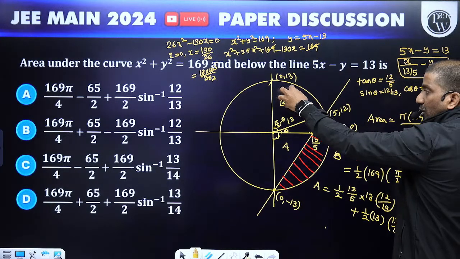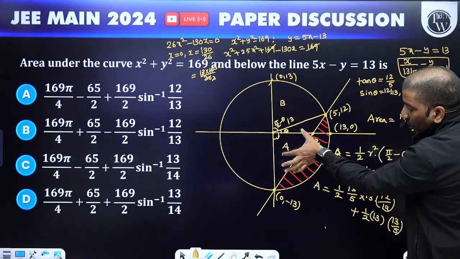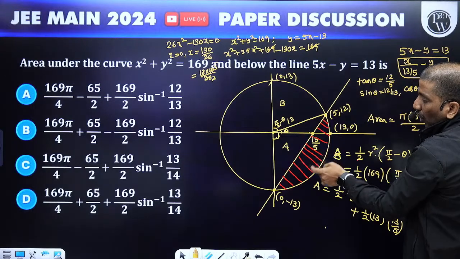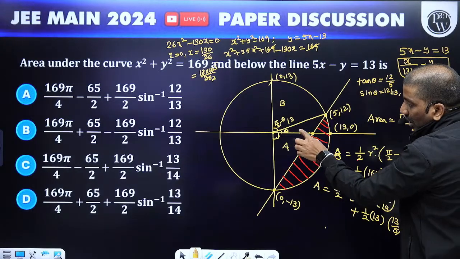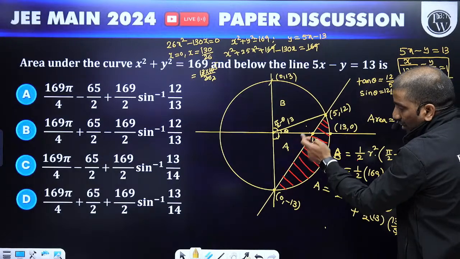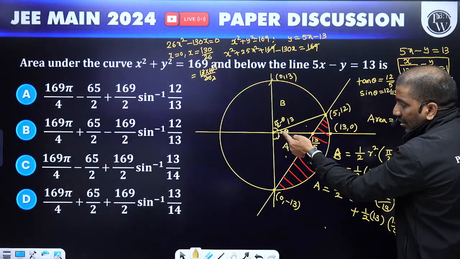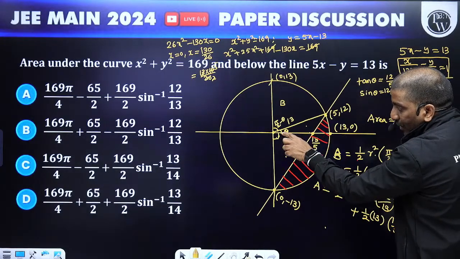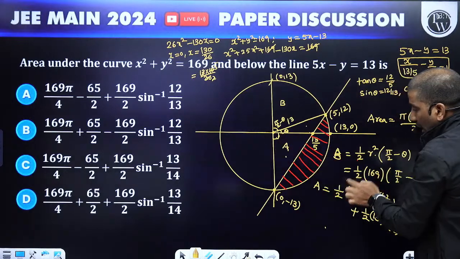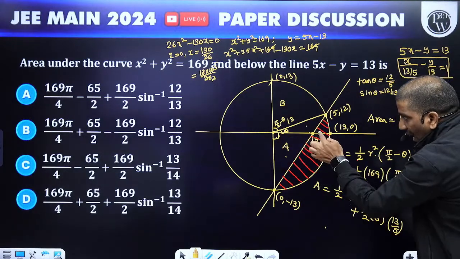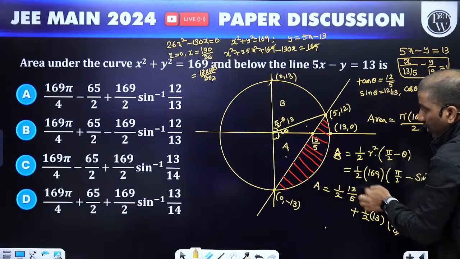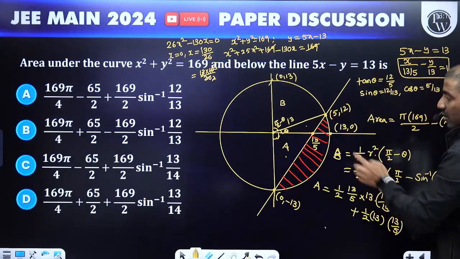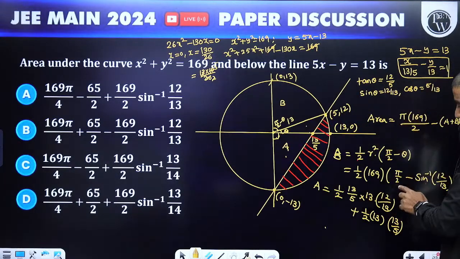Okay, Nana? So this portion we got it. Now we need to subtract these two portions also. To subtract these two portions, this is one triangle, this is another triangle. In this triangle, the included angle is theta. Half AB sine theta, where A is 13 by 5, B is 13 and sine theta is 12 by 13.